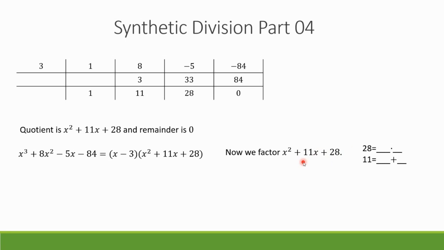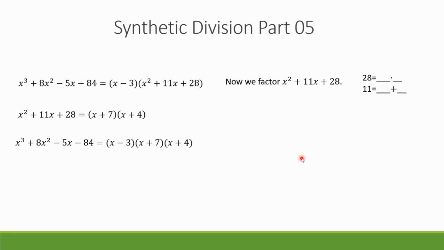How about 7 and 4? 7 times 4 is 28, and 7 plus 4 is 11.